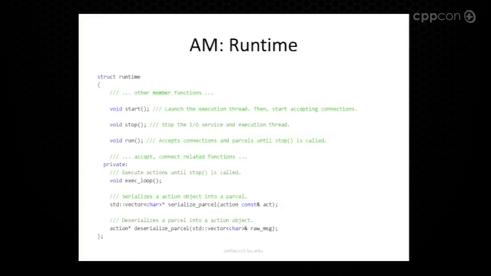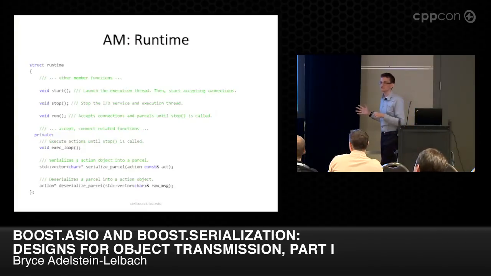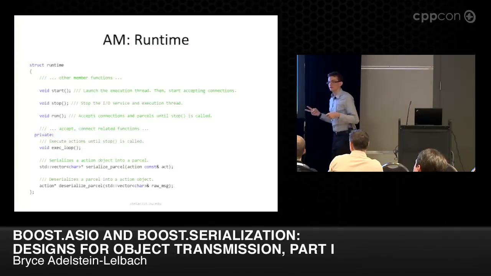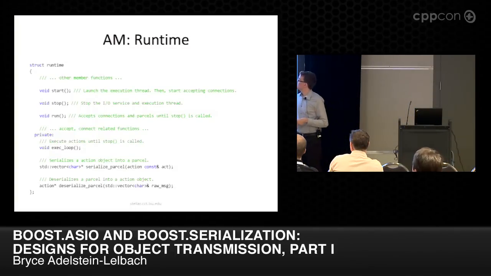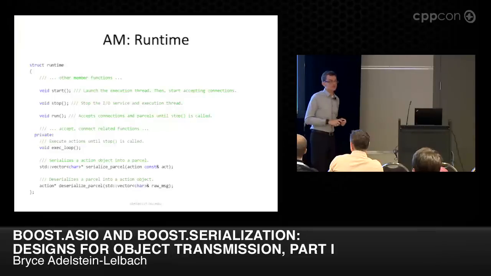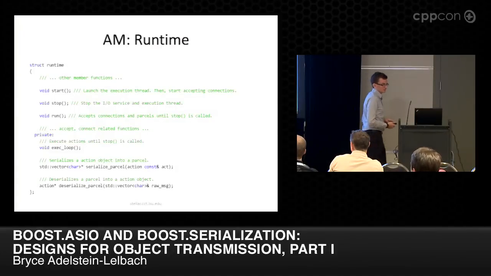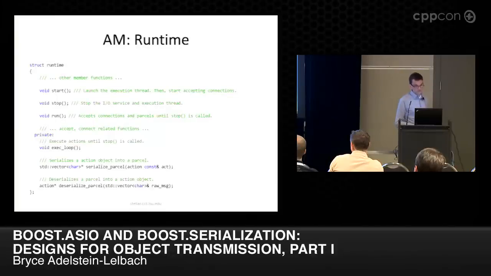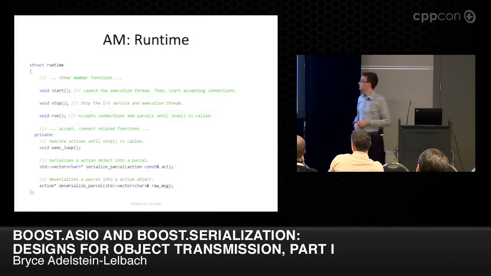We've got start, which starts the whole event processing system. That's going to launch the execution thread and start all the different event processing loops. We've got stop, which is going to shut things down very delicately. Then we've got run, which is going to do the actual execution of the connections, and that's the actual event loop.